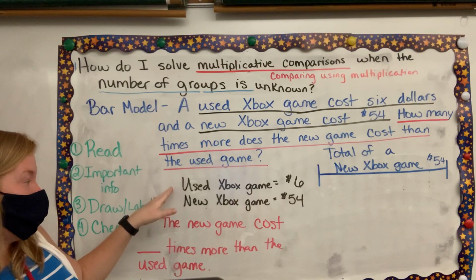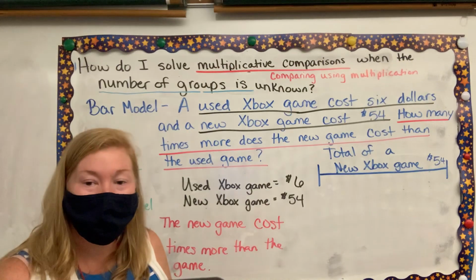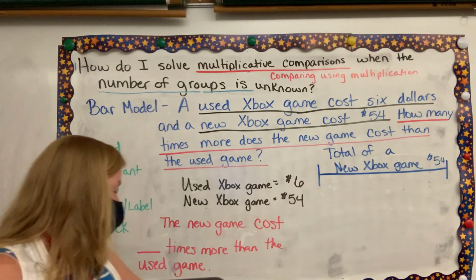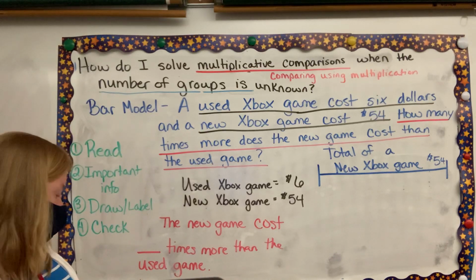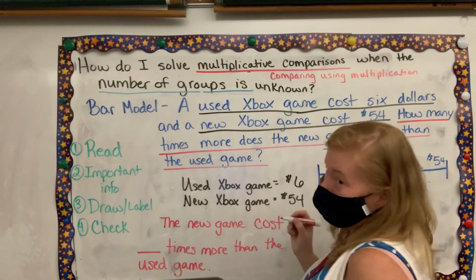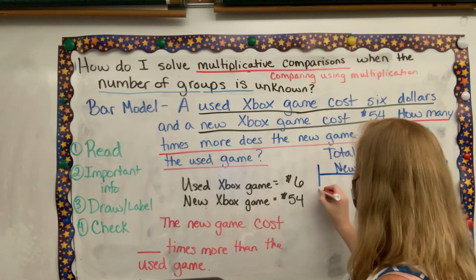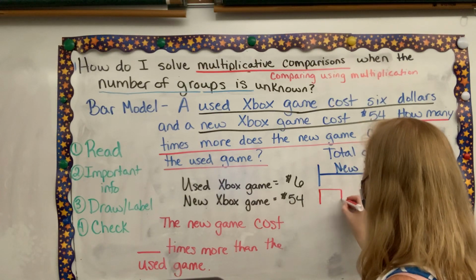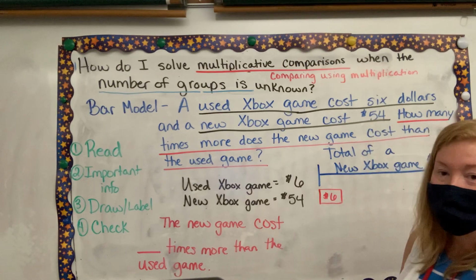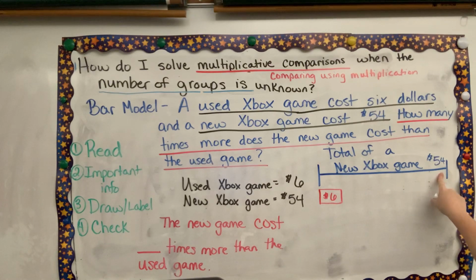All right, so I know how much my used Xbox game cost. How much does my used Xbox game cost? Gladys. $6. $6. So, and remember, we're not perfect when we draw these models. I'm going to have $6 be here because I know $6 is a lot less than 54.